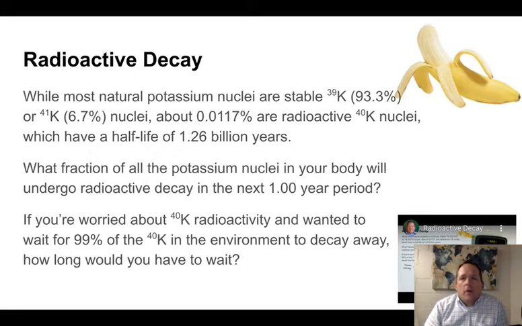So if you have the equation for half-life from the previous lecture or from the Bloomfield text, you can actually go ahead and solve these. If you would rather see me solve them, the link to the YouTube video is down there in the corner of this slide.